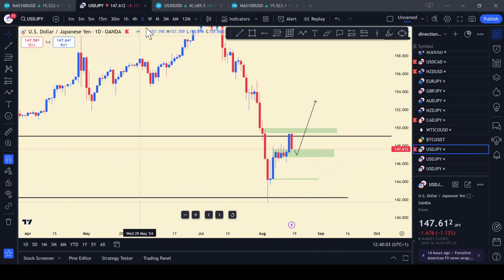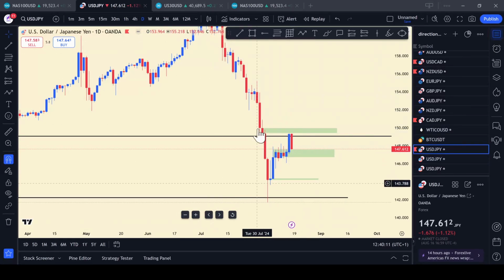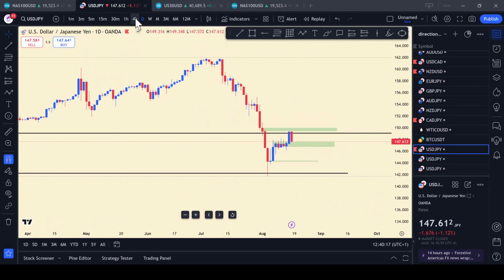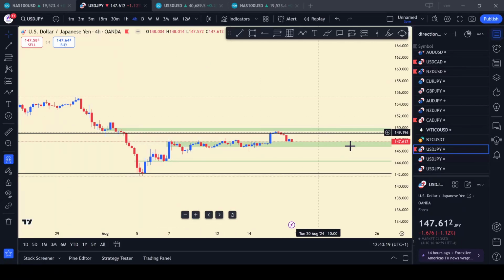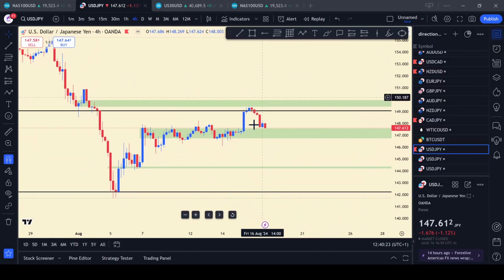However, I will be careful buying it anyway because I've not seen any tangible reason for the market to fly very fast. So I will deal with it in form of an intraday setup. But from what I can see, there will be more selling pressure on the US dollar.